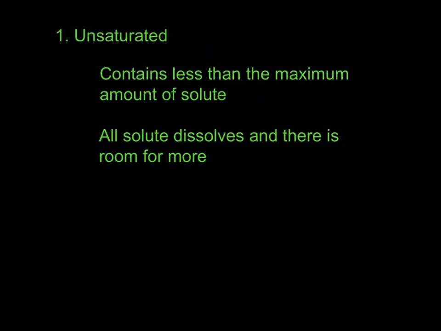This means that all the solute you're currently putting in dissolves pretty quickly, and there is still room for more. So if you think to last week's lab with the sugar, this would be where you just started adding sugar to your water, and there was plenty of room for more, and the sugar that you started with dissolved pretty quickly.